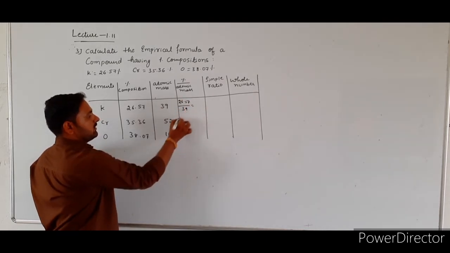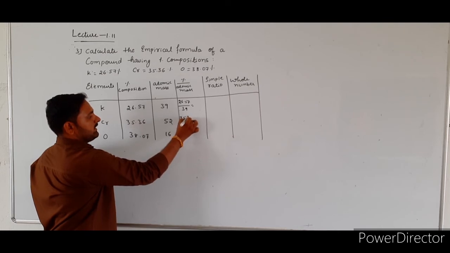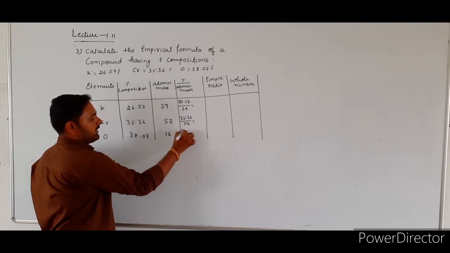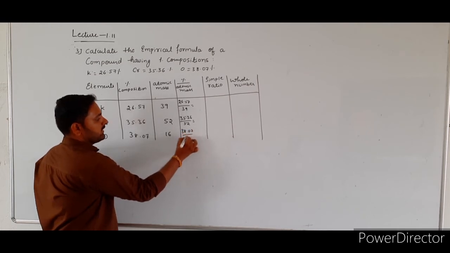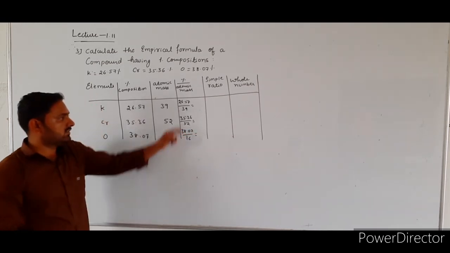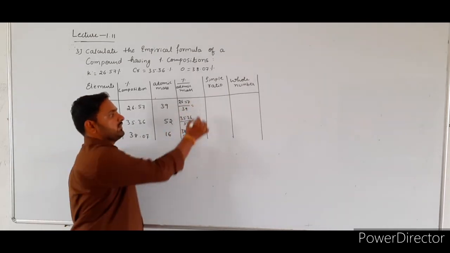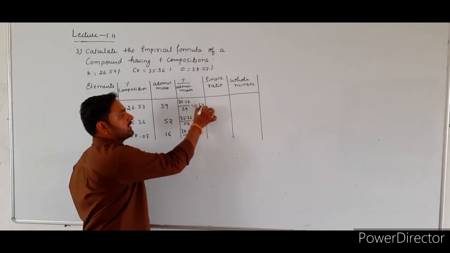Next, 35.36 divided by 52. Next, 38.07 divided by 16. Now you divide these values.